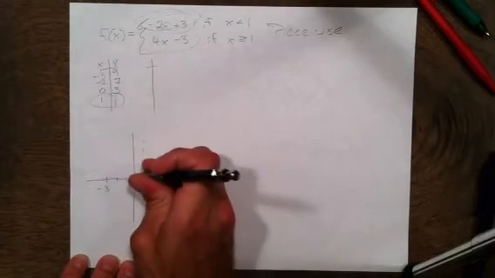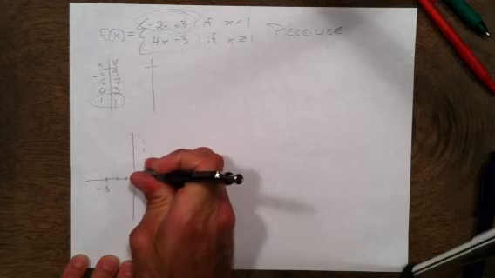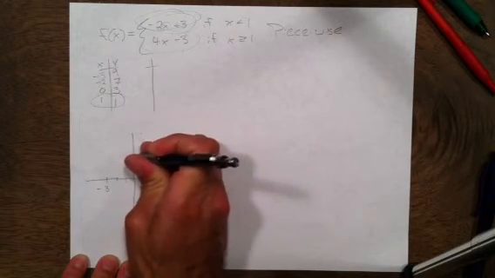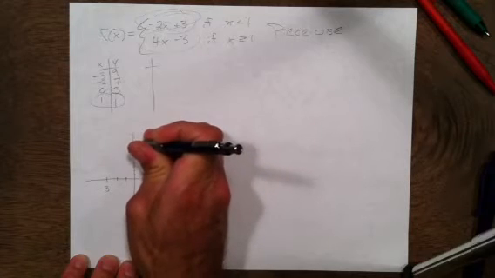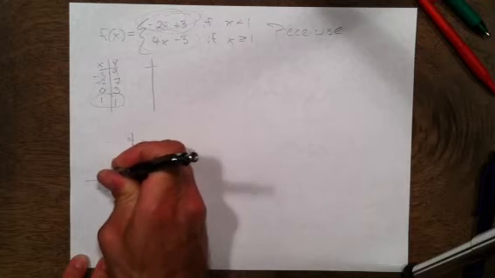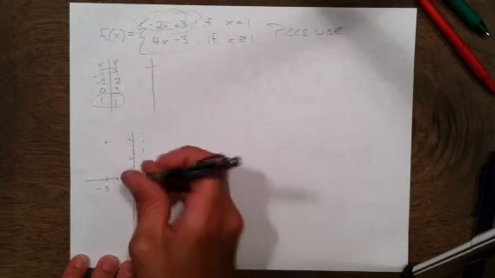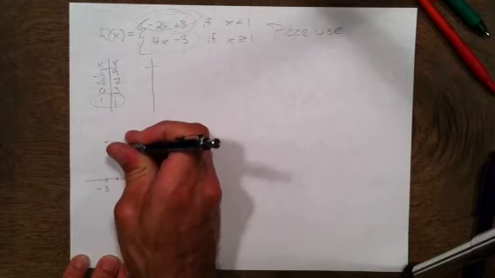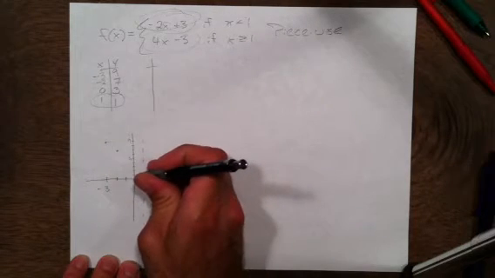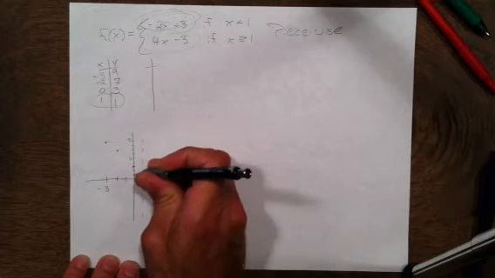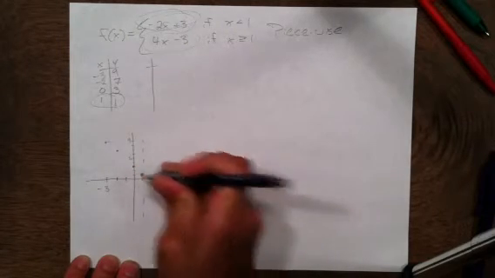And I need to get up to 9, so I better scale a little smaller here. 1, 2, 3, 4, 5, 6, 7, 8, 9. Okay, so there's 9. So I want to point right about there. -2 goes with 7, right about there. 0 goes with 3, and 1 goes with 1, right about there.